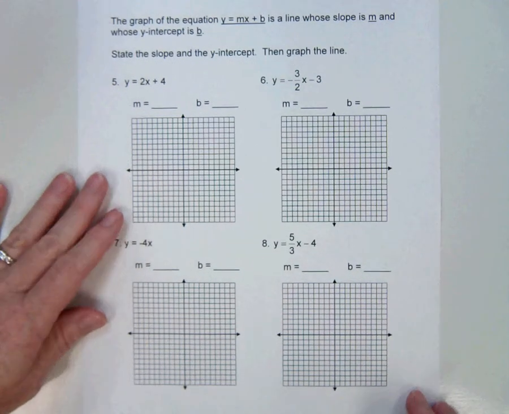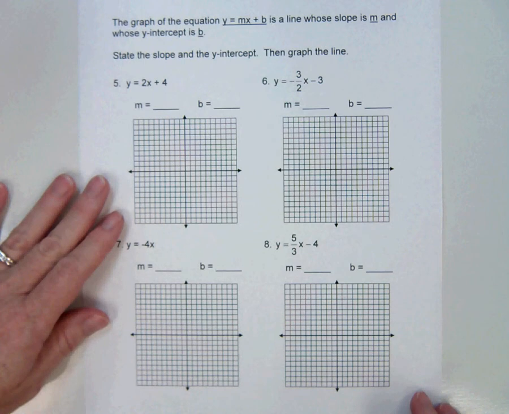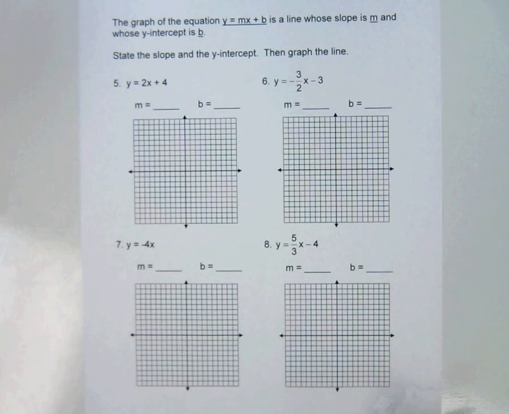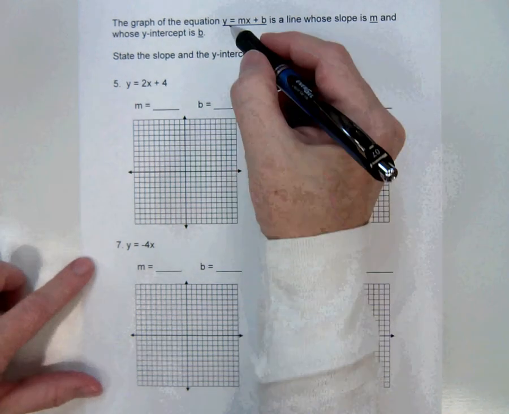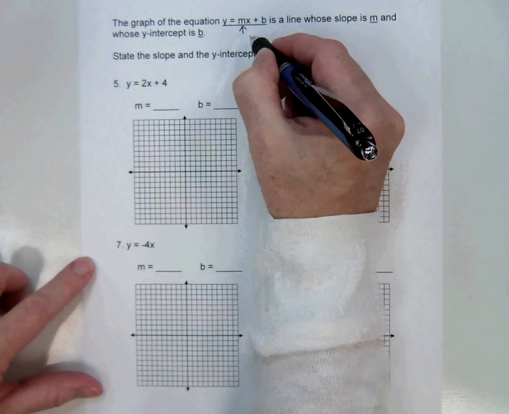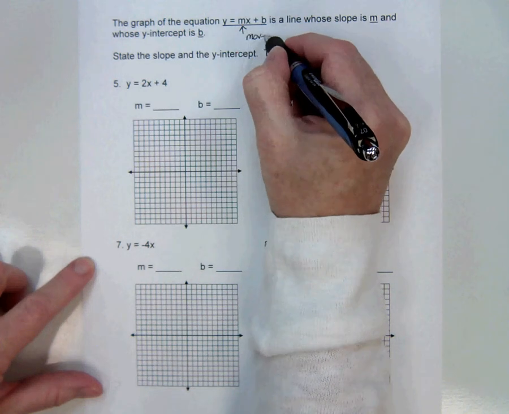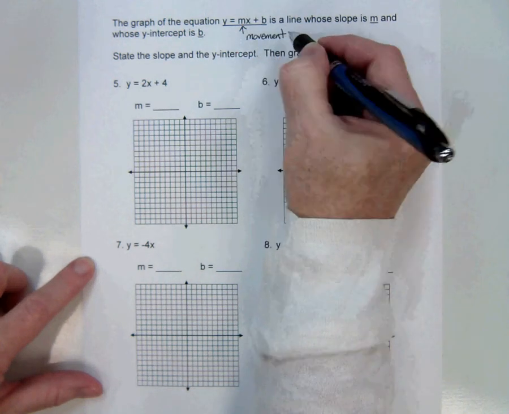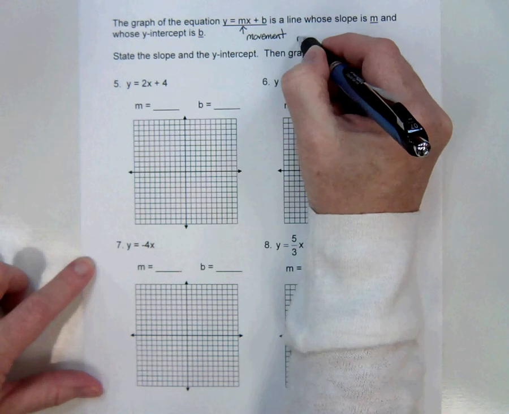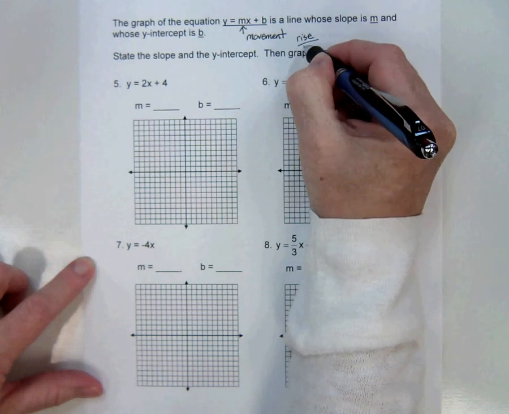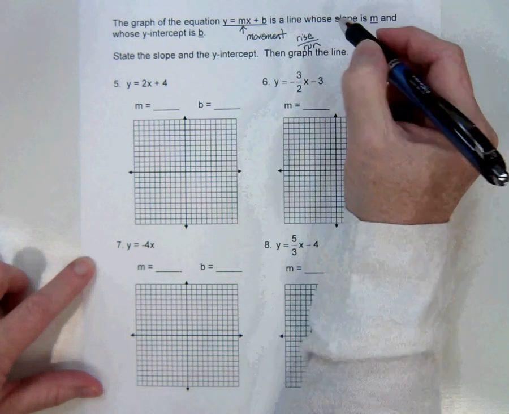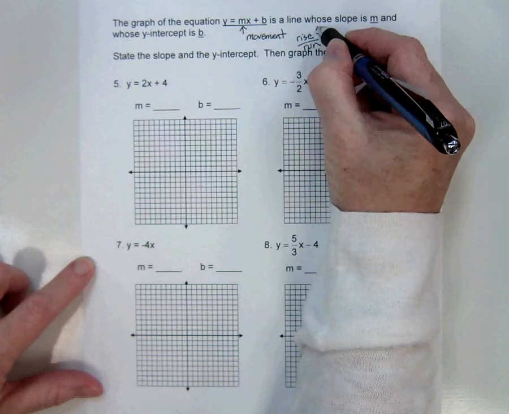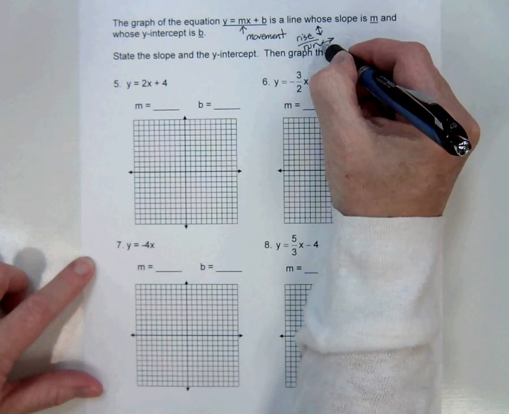The graph of this equation, y equals mx plus b, is a line whose slope is m and whose y-intercept is b. Think of the m as the movement. Notice here, if you need to make note, this is the movement. The rise over run. Your up or down movement, then your left or right movement.